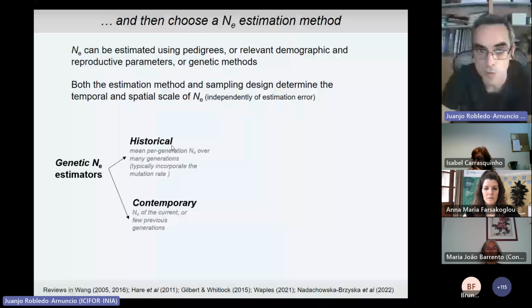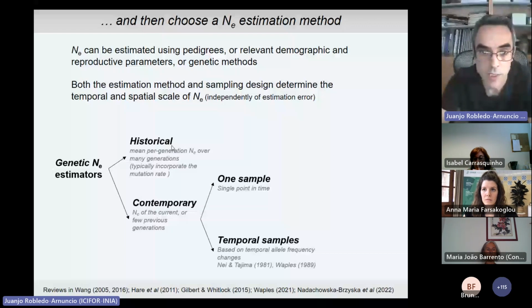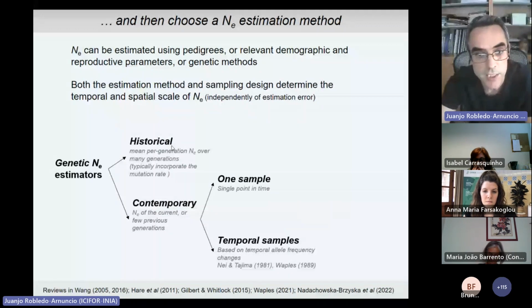If, for instance, we want to know if a small population has been small for long before human intervention or not. I will focus on contemporary estimates as potential useful indicators or verifiers in conservation genetics and monitoring. And we can distinguish two other big groups.